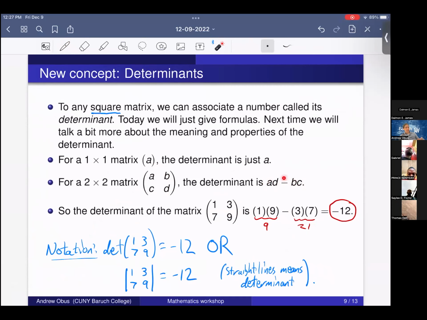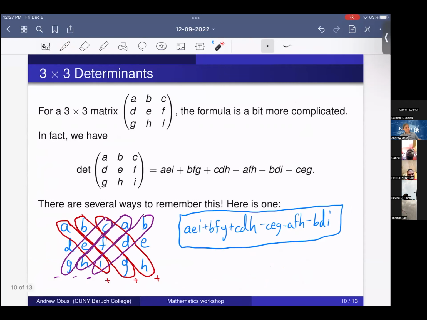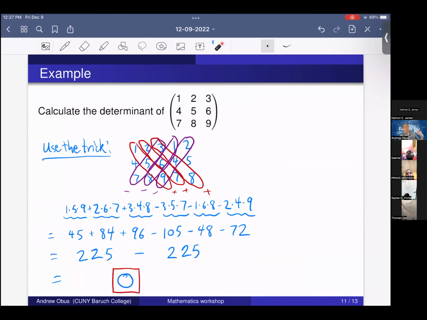And if the matrix was invertible, if it had an inverse, that was the same as this determinant not being 0. Well, it turns out with 3x3 matrices, there's a similar formula, but it's more complicated. But the idea is the same, which is that the matrix is going to be invertible exactly when the determinant is not 0.